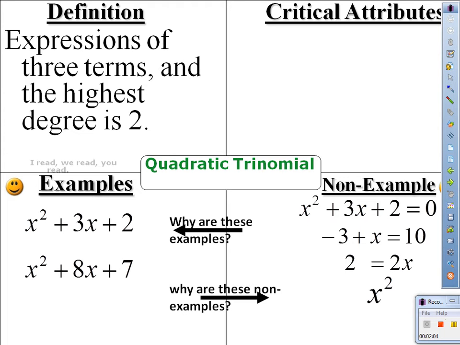The first two, because they are, yeah, and the last one is just by itself. Or it's not a trinomial.